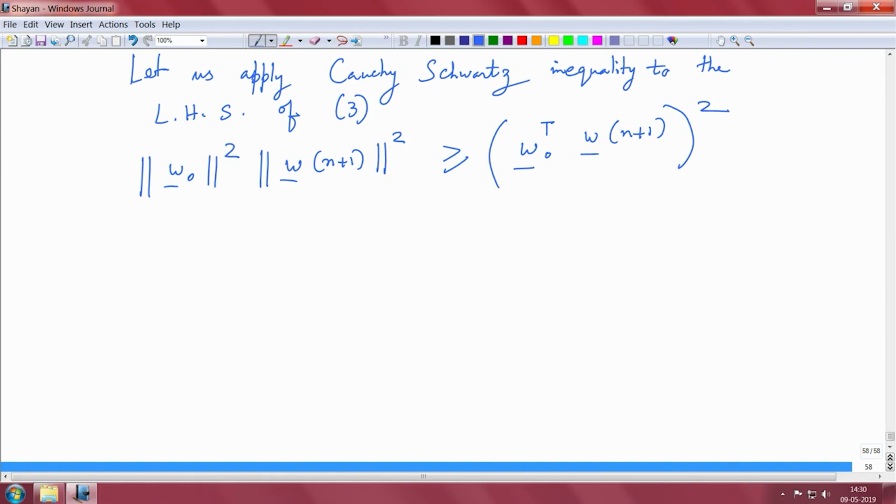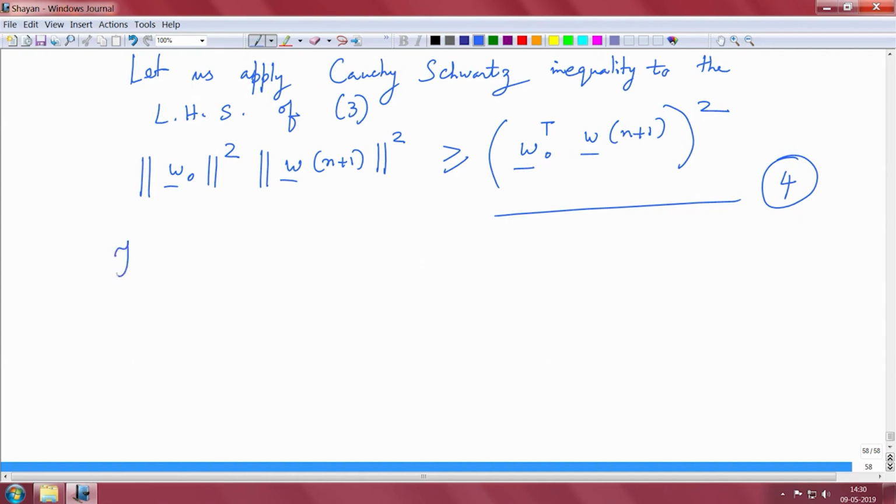A norm is an induced norm, so it is basically W naught transpose W. Now, let us call this equation 4, because on the right hand side we are trying to link this with n plus 1 times alpha, what we did, and that is the idea of how we are approaching this problem.